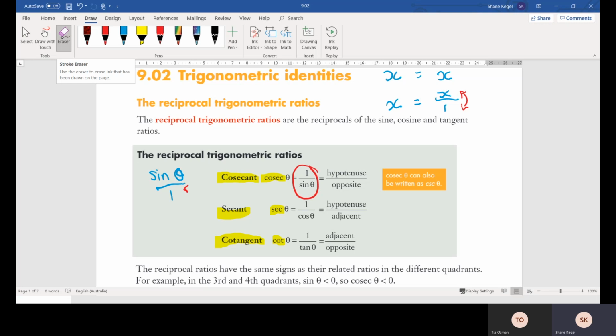And same thing for our other two. Secant is the inverse of cos, and cotangent is the inverse of tan. Essentially you're just swapping the fractions around.